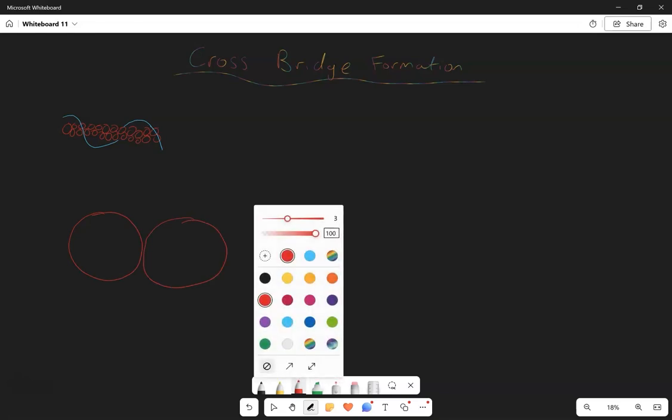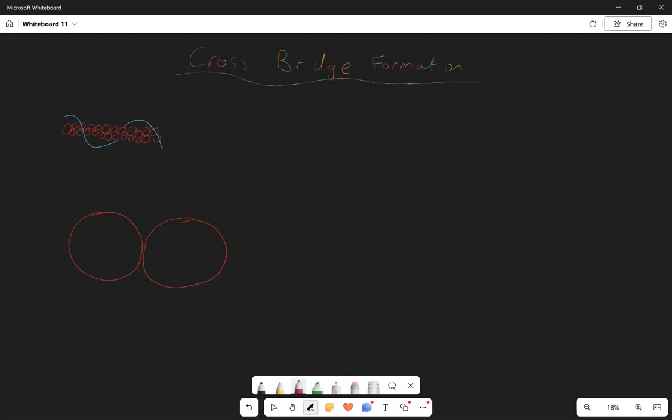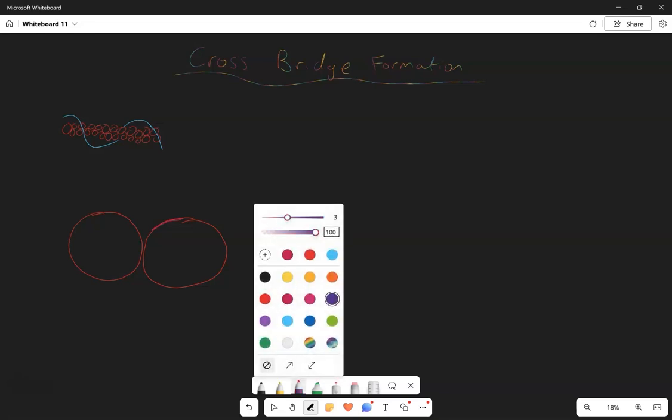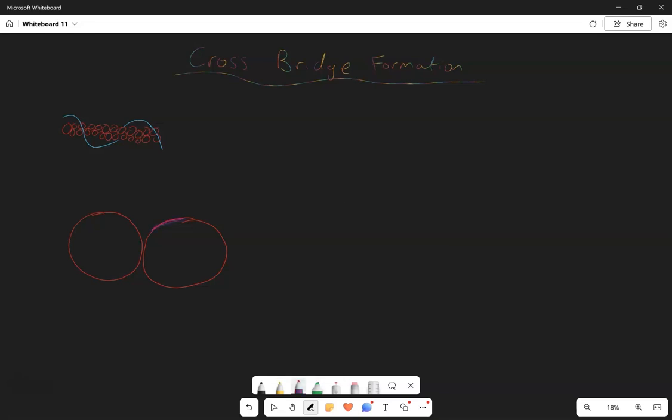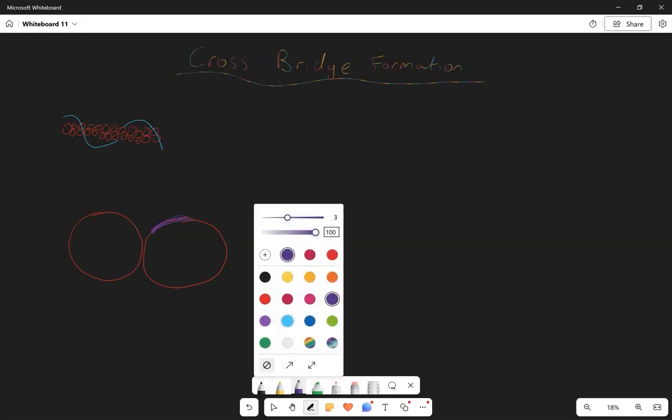What we'll see is that there is a specialized site on this actin filament, and I'm going to highlight that in purple, like so. Okay, and that site is the myosin binding site. So myosin has a high affinity for actin, loves actin, right? Wants to bind to actin, but it can only do so in a very specific spot, that myosin binding site.